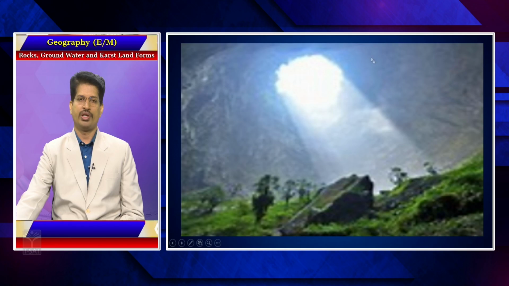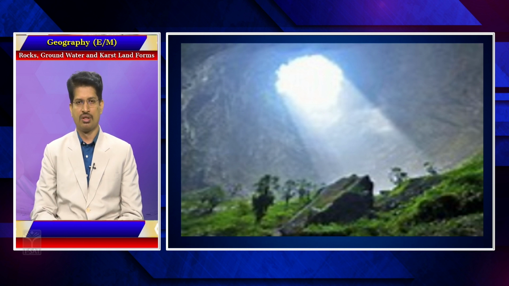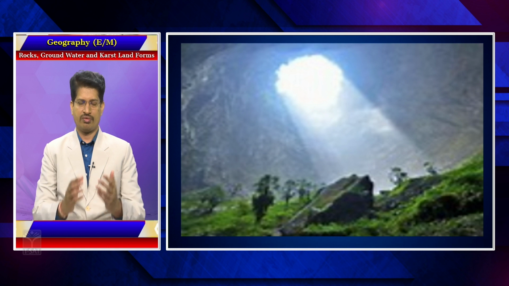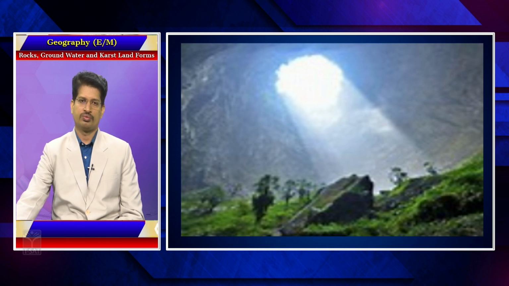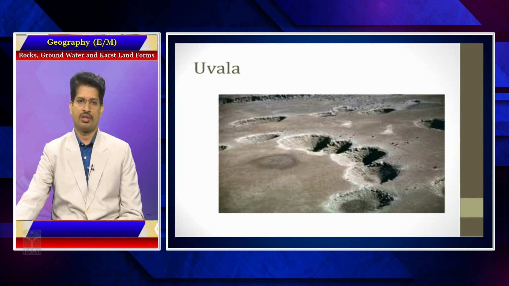This is an opening into a cave where the sunrays are able to pass through the hole when the sinkhole has been extended to form a blind valley or a polje, etc. When the light enters the cave, this is the view inside the cave. These are uvalas, or sinkholes combining to form a larger open valley.